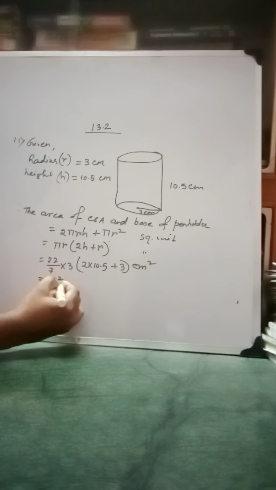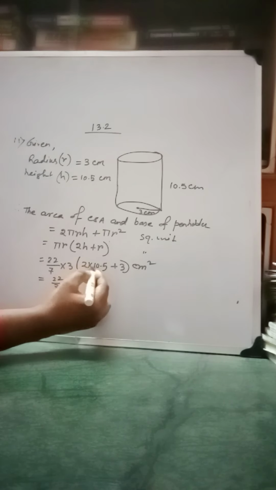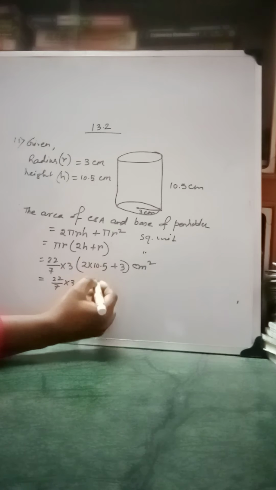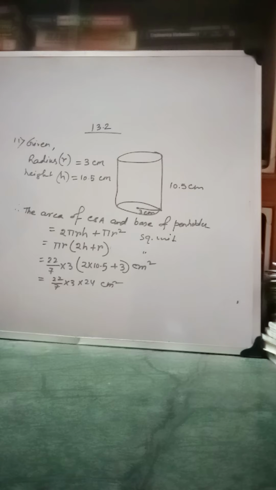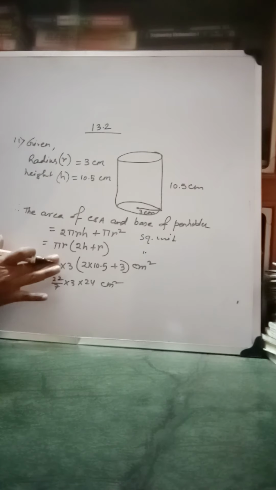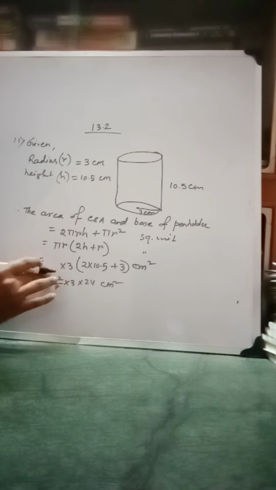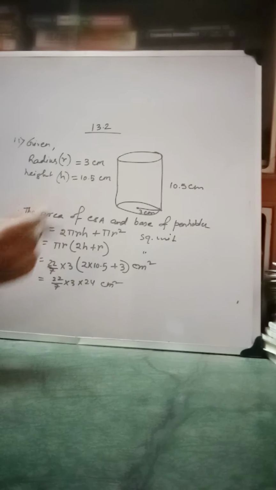So 22/7 into 3, and now 10.5 into 2, 21. 21 plus 3, that is 24 centimeter square is coming. Okay, now we have to calculate that. It is better to write the pi in the form of pi, so that will be much more easier for us.